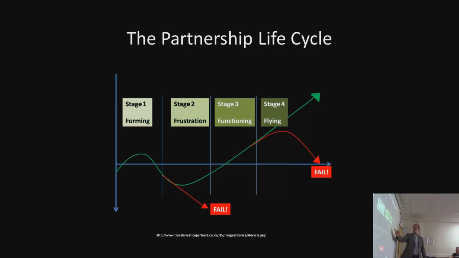And then stage 4, this is my favorite one, it's flying. When the partnership works and you really generate greater benefits than you ever dreamt of achieving at the beginning. So this can happen too. Look at Apple, they have now really kind of spun off. They just wanted a small computer that is user-friendly in everybody's home.